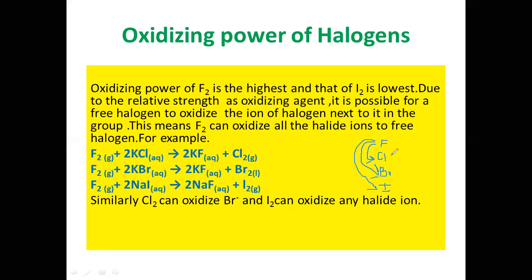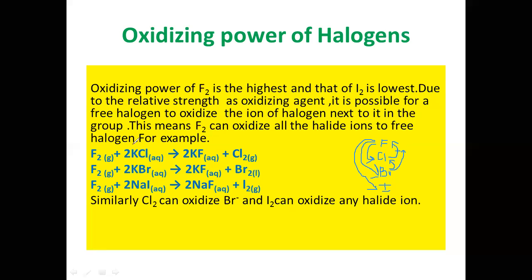But the lower elements like chlorine cannot displace fluorine. Same, bromine cannot displace fluorine. It means the lower element cannot displace the upper element from its compounds, but the upper element can displace the elements which are present under it.